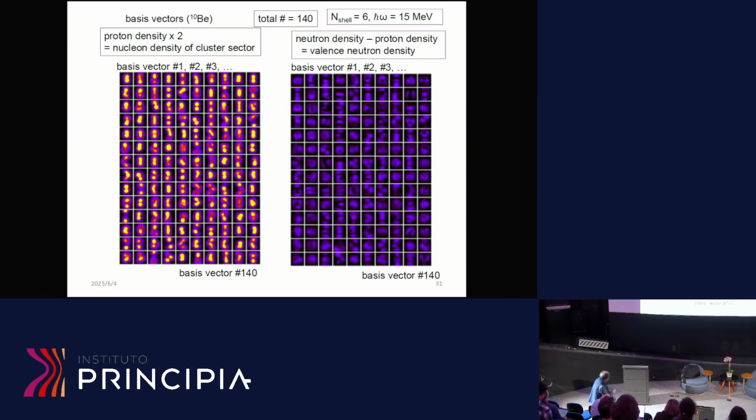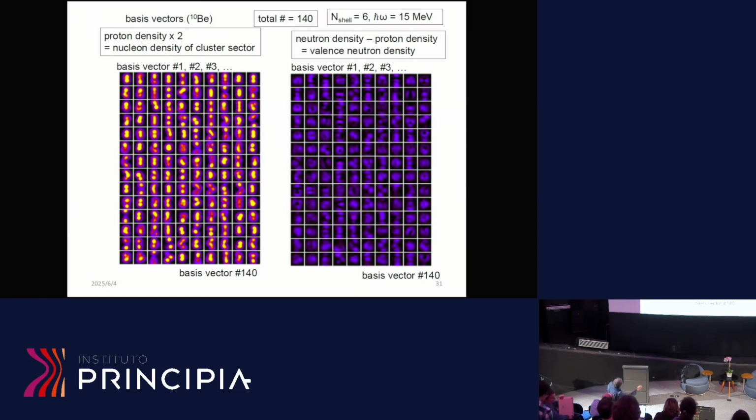This shows what the basis vectors look like. It's almost chaotic, but we can calculate the amplitude of them and superpose them, then we obtain a nice density profile. It looks more ordered. And this part is the cluster part, that is twice the proton density, and this is the difference between the neutron density and the proton density.